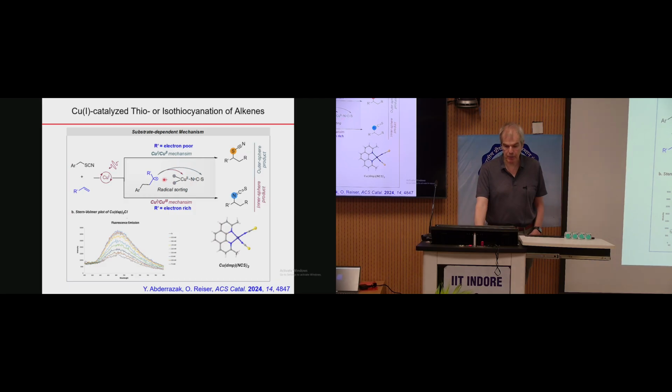The nitrogen compound we would propose forms if the radical attacks the copper and then does a reductive elimination. And we found that both modes can go depending on the electronic nature of the radical. If it's an electron-rich radical, it will attack the electrophilic copper center and make the NCS compounds. If it's an electron-deficient radical, it will interact with the sulfur as a nucleophile and make the thiocyanate.